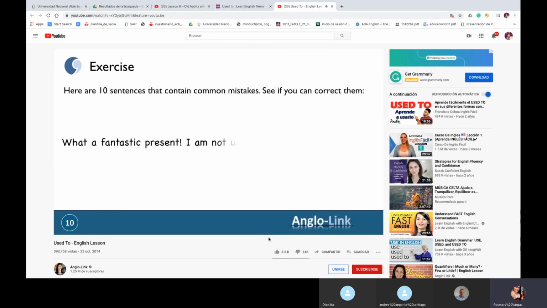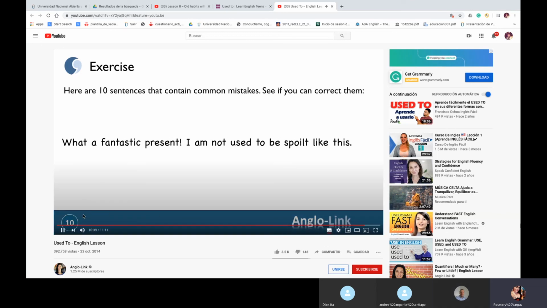Number 10. What a fantastic present. I'm not used to be spoiled like this. What do you think about this one? It's again in present. What a fantastic present. It's at the moment. So what can we use over here? I am not used to be spoiled like this.